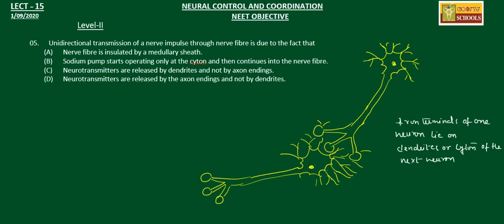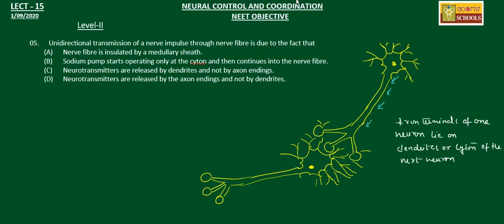Here the transmission of the impulse will be received either by cyton or by dendrites, and this information will pass on to the axon, and this is how it gets transmitted.